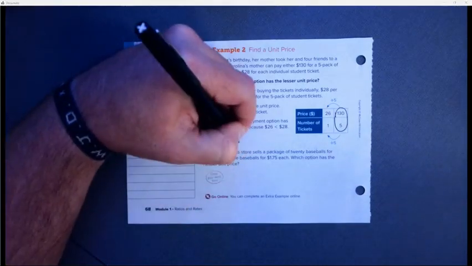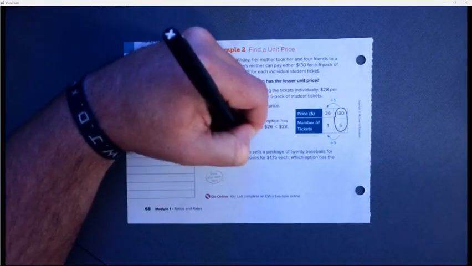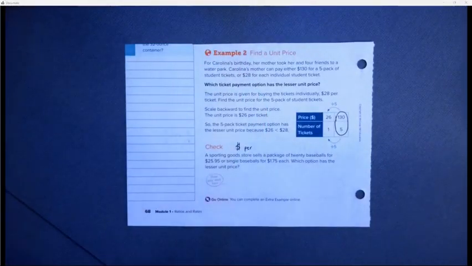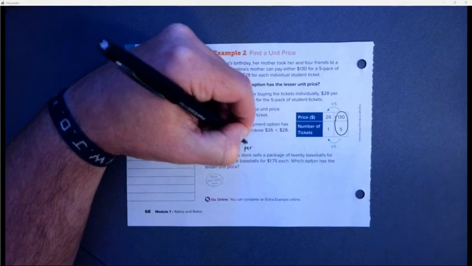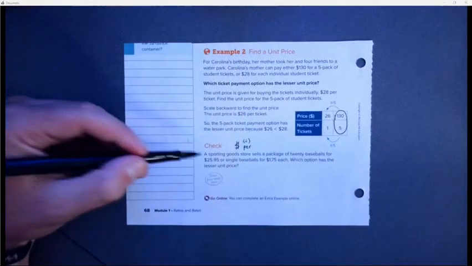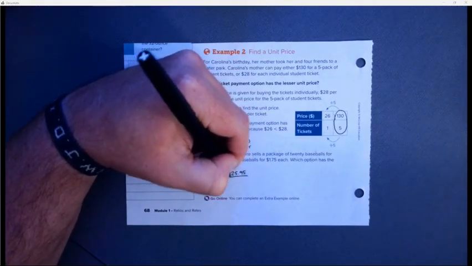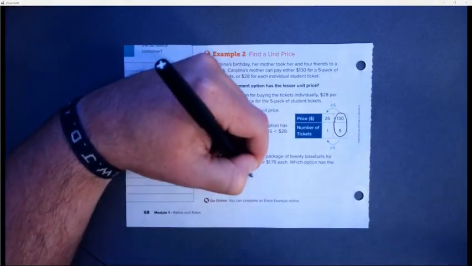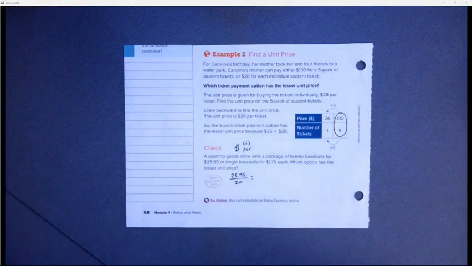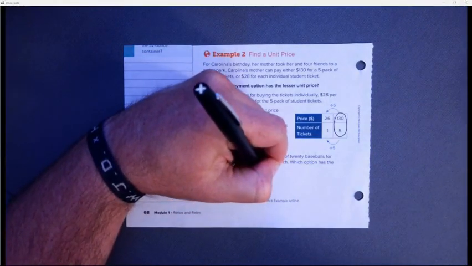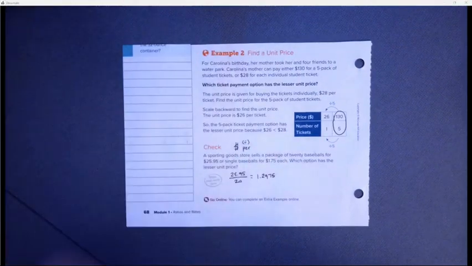Since we know it is price per ounce, pound, or quantity, the price is going to be divided by the quantity, because we said earlier, per tells us to divide. So in this case, we're going to do $25.95 divided by 20. When I do $25.95 divided by 20, I end up with 1.2975.